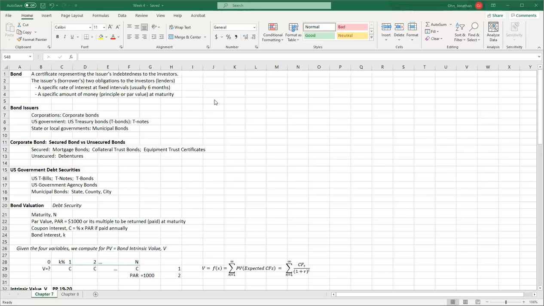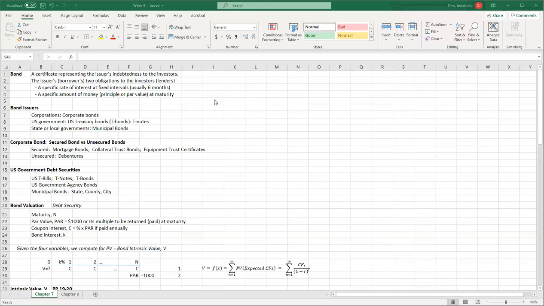Once the company sells these bonds, this bond is a certificate representing the issuer's indebtedness to investors. The bond is the evidence of that borrowing. Then there are two obligations for the issuers, the borrowers.